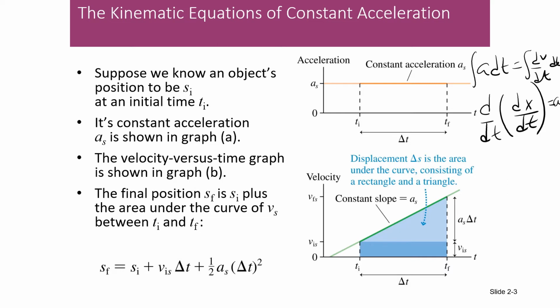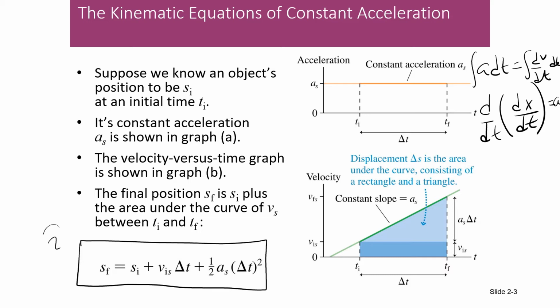And so from doing those steps, we come to the conclusion of this relationship: position is related to your initial velocity times time plus 1/2 the acceleration times time squared. And so this is our second equation for kinematics under constant acceleration.